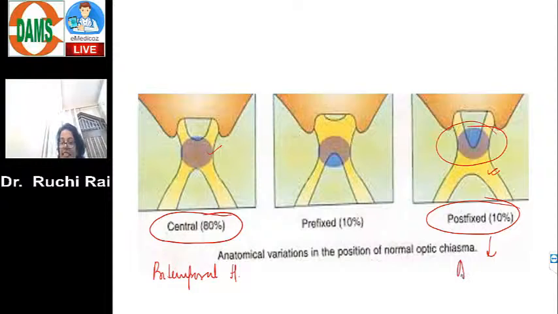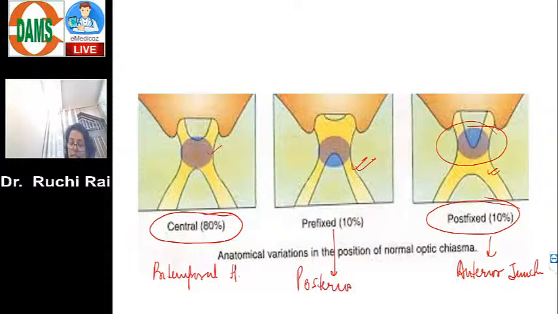So anterior junction syndrome is going to happen in the postfixed variety, and vice versa. When the posterior part of the chiasma is affected, this will cause posterior junction syndrome.